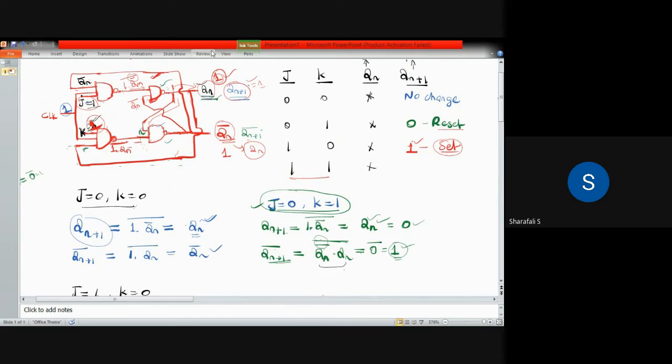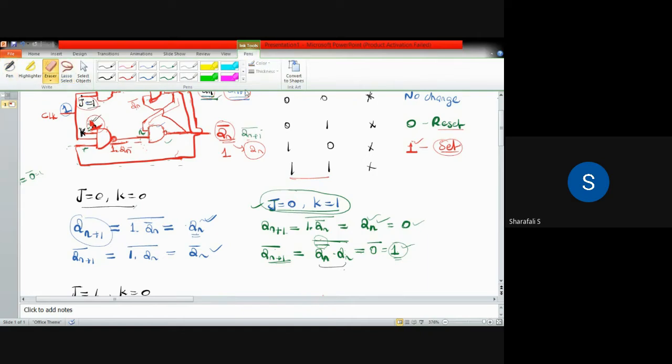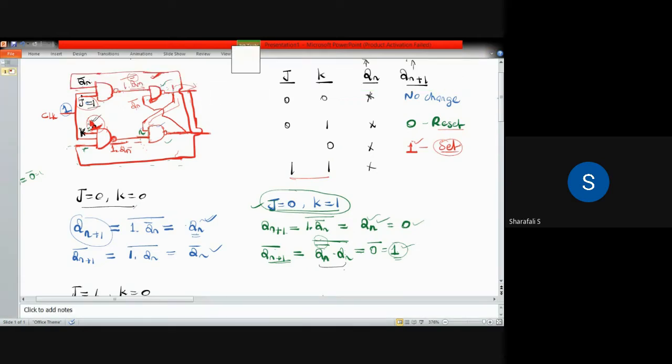I can explain that. We have 1 dot Qn bar here, total whole bar. So 1 dot Qn whole bar, because Qn is coming to this input from here. That is multiplied with this one, and you'll get 1 dot Qn bar whole bar, and that will be equal to Qn bar.